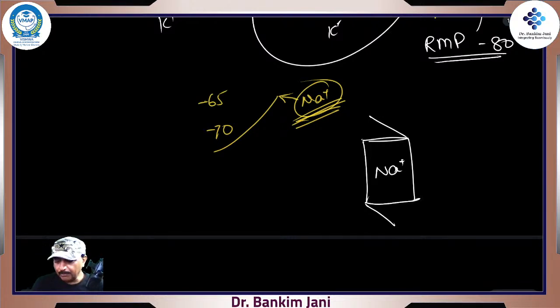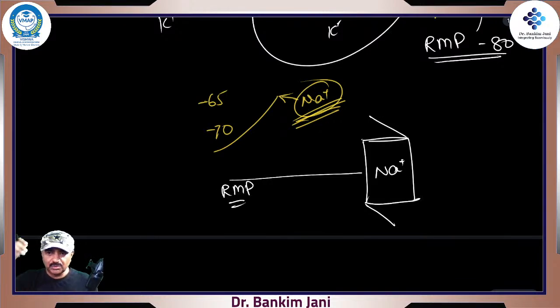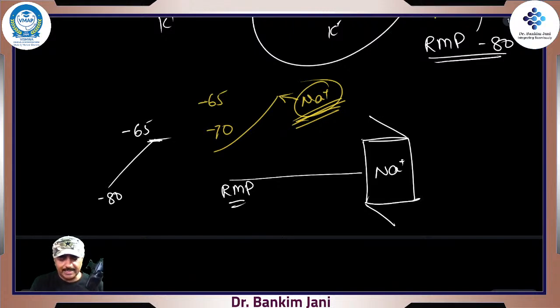And the movement of these gates is with respect to the normal RMP. So it is necessary to give them time, from -80, so that when you reach -65, exactly at that point the gates are completely open. The voltage which gets developed opens those gates, they need that time, and then the transfer starts.